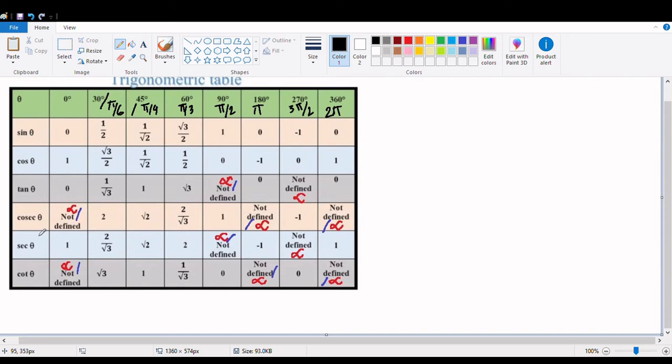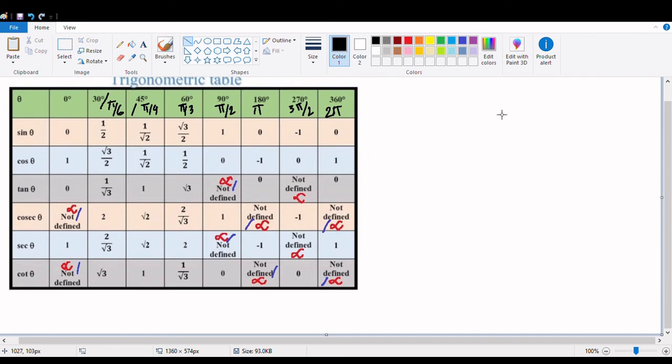That means for theta equal to 0, I have sine theta equal to 0. For theta equal to pi by 6, I have sine theta equal to half, and so on. So if I want to plot this function, how will I plot it? Definitely it will be plotted in a 2D Cartesian coordinate system.